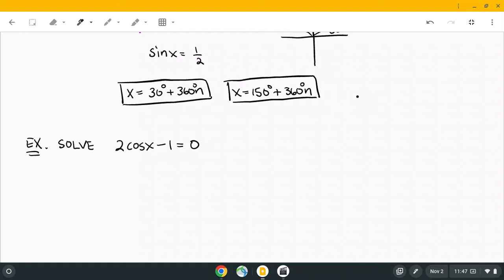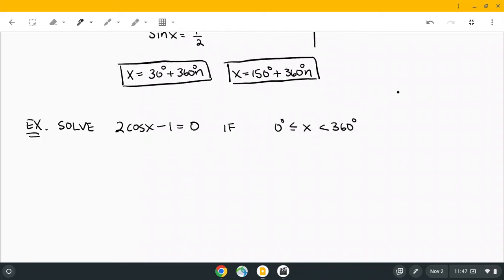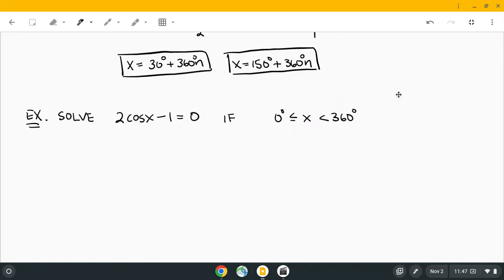But if it says solve 2 cosine x minus 1 equals 0 if your angle x is between 0 degrees and 360, then you don't have to do this plus 360n business, okay? All right, so let's go ahead and write this down below and solve.